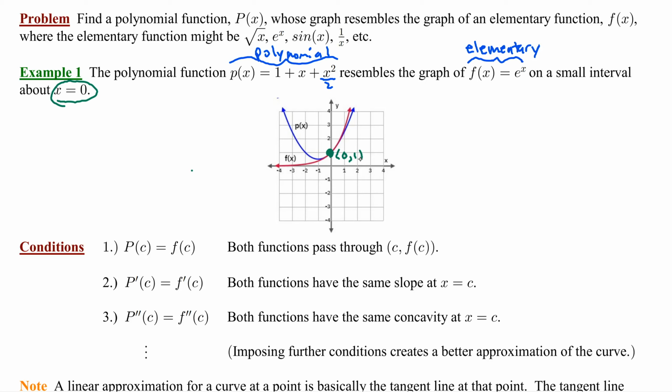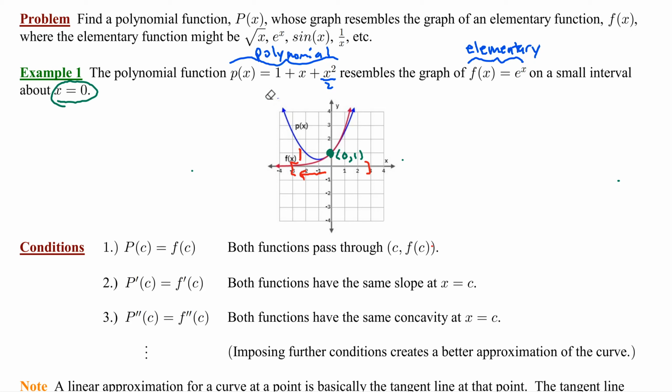However, as we move away from x equals 0, let's consider a larger interval, -3 to 3, then the curves are very distinct. The further that we move from 0, the greater the distance between the two functions, and they begin to separate from each other. So I would not want to replace e to the x with this polynomial function on the entire domain from -infinity to infinity.